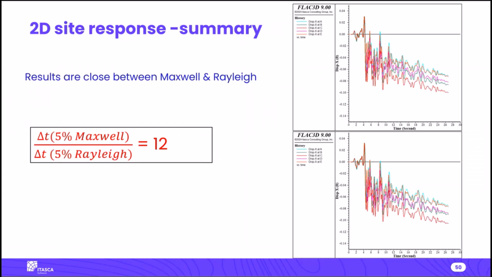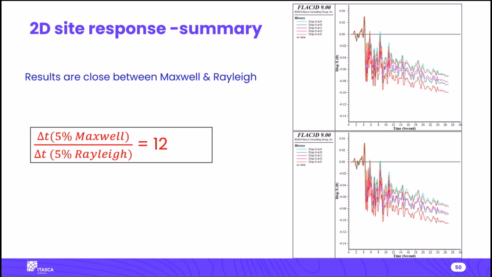So again, the main difference is calculation time. For this 2D example, the allowable time step for Maxwell damping is 12 times that of Rayleigh damping. The result is almost the same, but the calculation time is much lower.